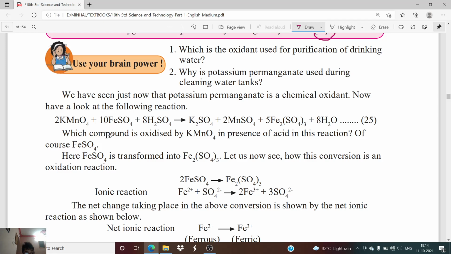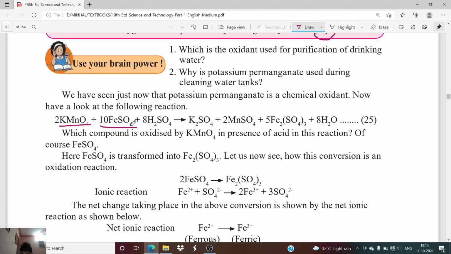Now, which compound is oxidized by KMnO4 in presence of acid in this reaction? Of course, FeSO4. So KMnO4 is definitely my oxidizing agent, and it is going to oxidize the ferrous sulfate.